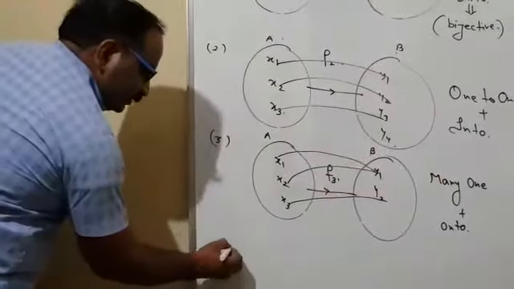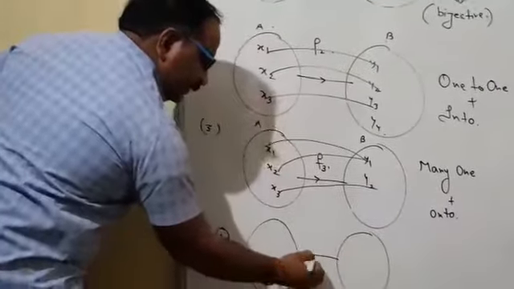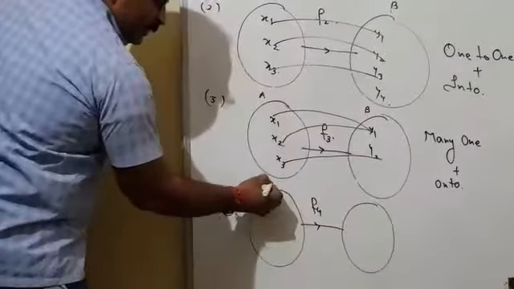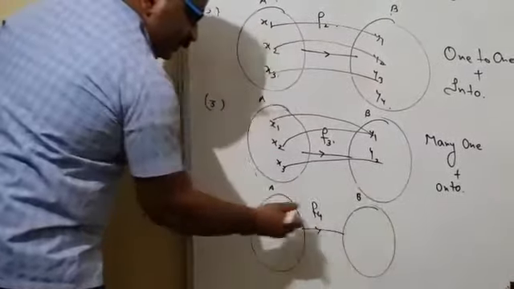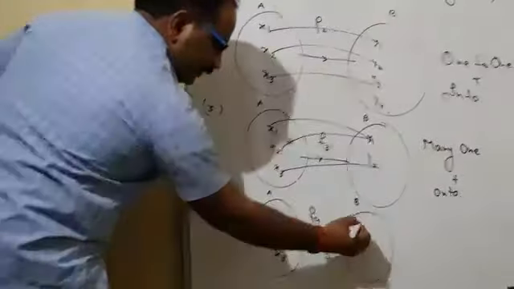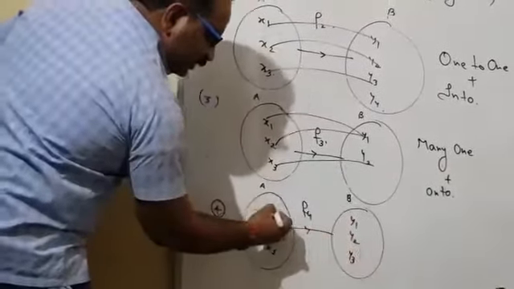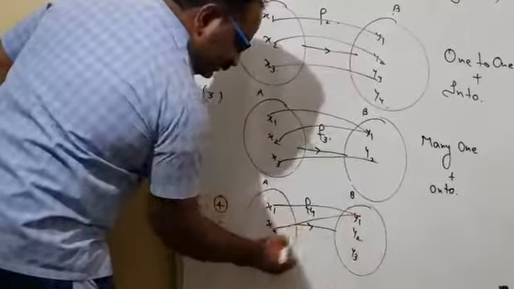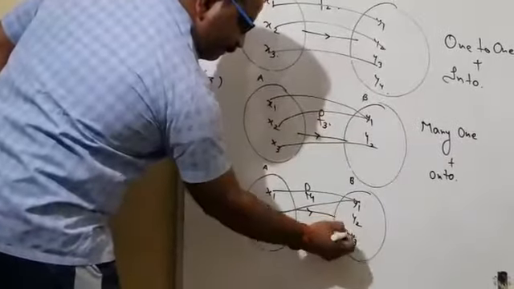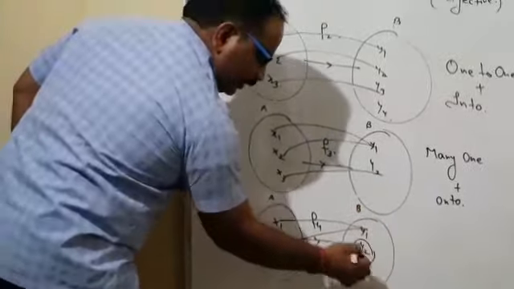And one more thing we have to see. Say it is function f4 from A to B, and here are x1, x2, x3, and y1, y2 and y3, and connectivity comes to us like this. In this scene, we can see y2 has no pre-image.